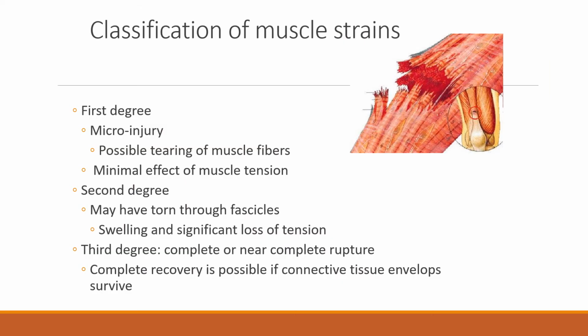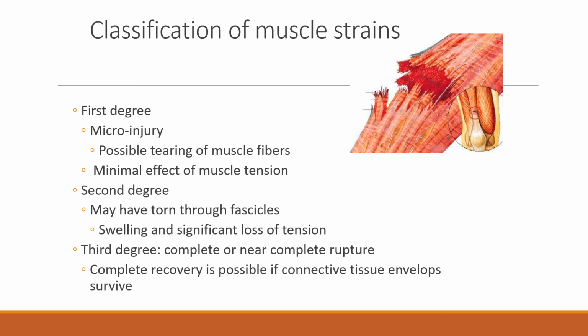If somebody has a first-degree muscle injury, that is exactly what we were just talking about. However, a second-degree muscle injury is when the muscles may be torn through their fascicles, and people who have this type of injury will experience significant swelling, because muscles are a very vascular tissue, and significant loss of tension.